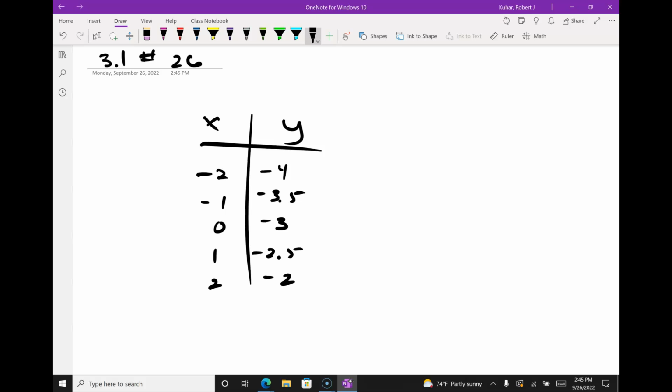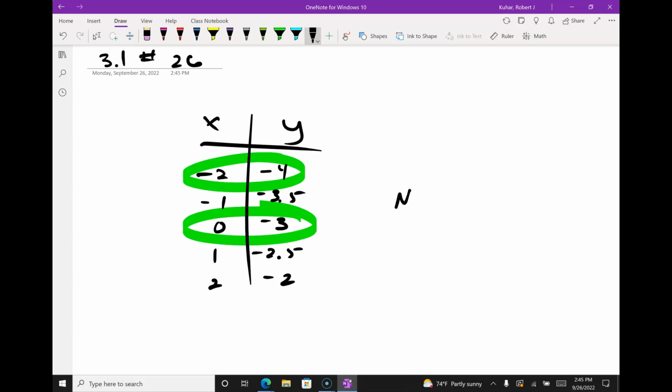I'd like to be able to check any two random points and see if I get the same slope. If I check every two random points and I get the same slope, I know it's linear, right? So let's pick these two right now. What's my slope? -3 minus a -4 over 0 minus a -2. So I get 1/2.